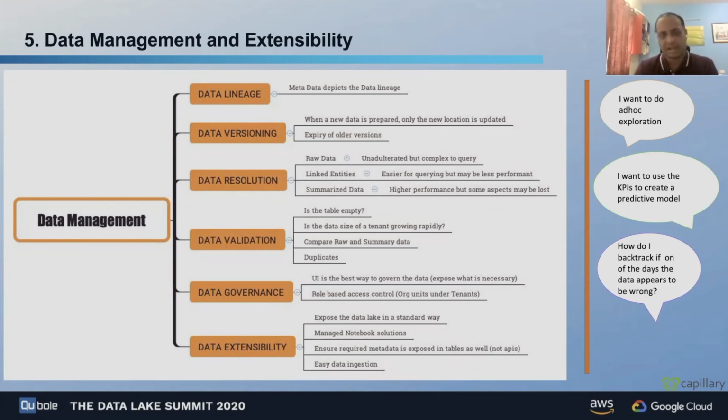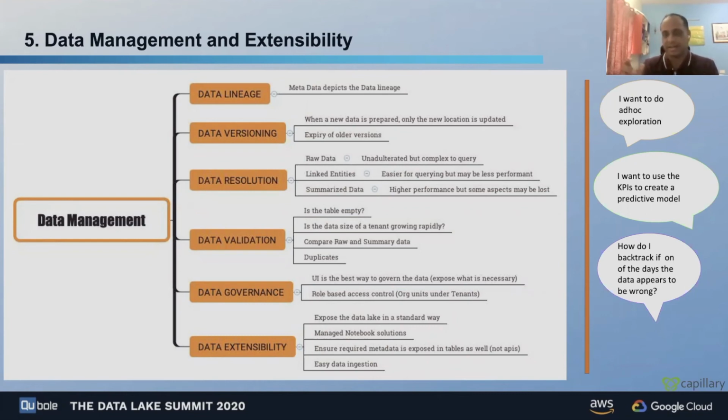Data versioning. Now, what do I do if something goes wrong? How do I backtrack problems? If something has gone wrong, say 10 days back, how do we know when the data lake was sane? In this case, whenever the incremental data set comes in through the metadata, we just replace the location of that new data rather than going and updating the data sets.